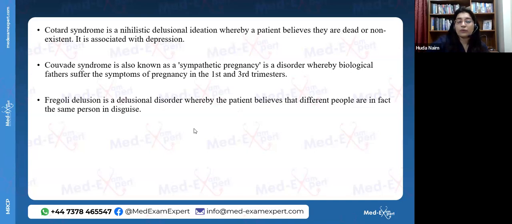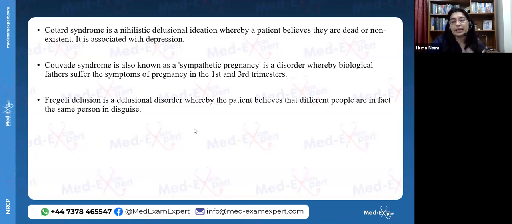Then there is couvade syndrome. It's a sympathetic pregnancy in which the biological father suffers the symptoms of the first and third trimester. Very bizarre kind of syndromes, but they usually ask on the exam. And then you have the Fregoli syndrome, Fregoli's delusion, where you have different people who are in fact the same person in disguise.